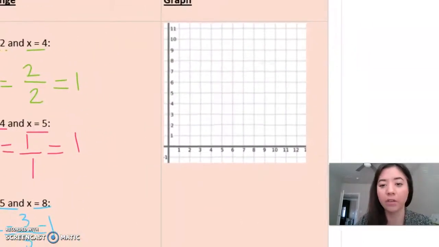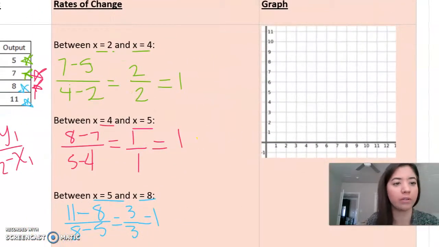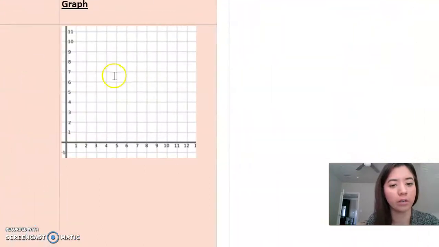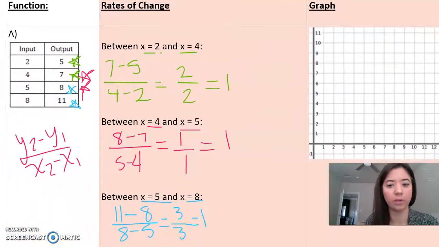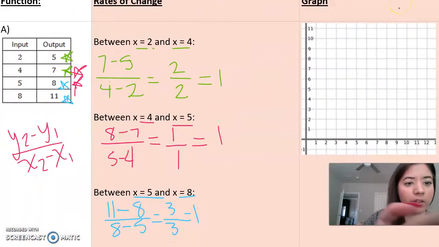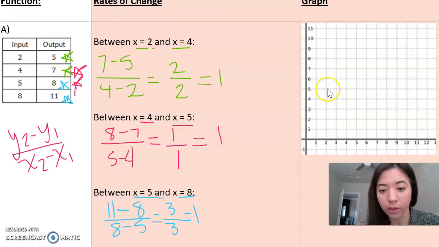So I'm going to graph my table right over here. Let me actually get rid of this. There. That should help. Alright, let's go ahead and graph our points. So the first point we had was 2, 5. So that's right here. 4, 7.